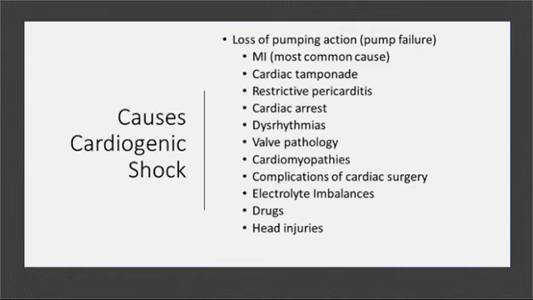We've just talked about all those different rhythm things and how that impairs your cardiac output and perfusion. Valve pathology. Any of the valves going wrong is going to affect all the flow in the heart and lead to other issues. Cardiomyopathies, complications of cardiac surgery, electrolyte imbalance, drugs, even head injuries. All these things can lead to a pump failure where your heart is no longer functioning right. So cardiogenic shock, anything that causes pump failure.